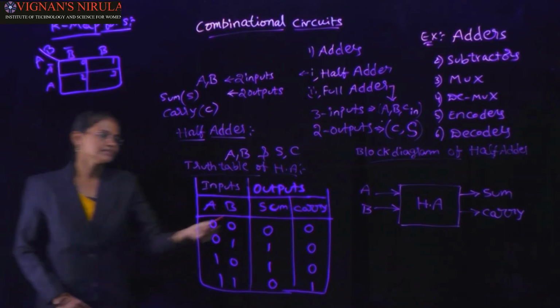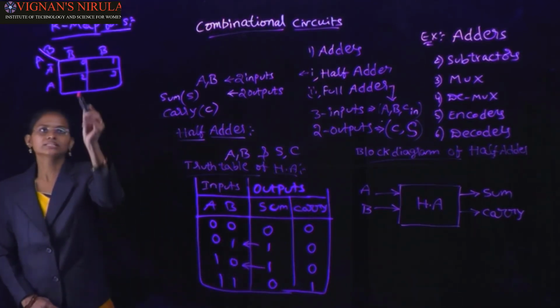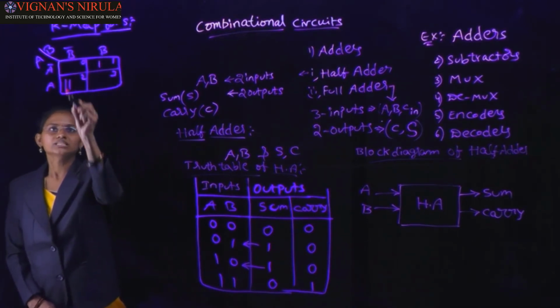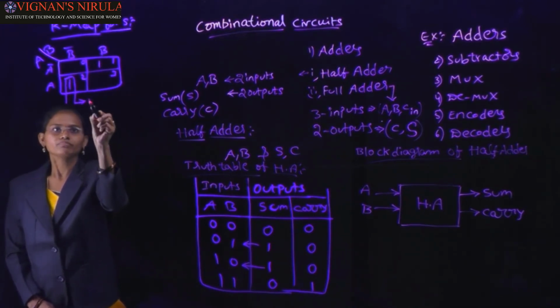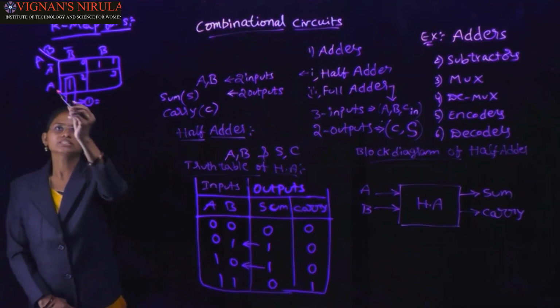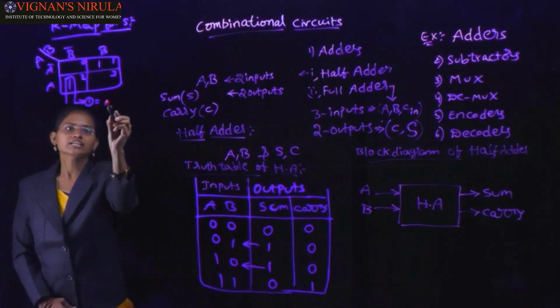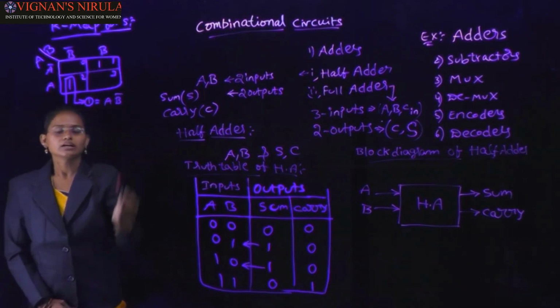In sum, the 1 appears at cells 1 and 2. We group these cells separately, each taking one group. In the first group the expression is A, corresponding to A, and column-wise the variable is B bar.